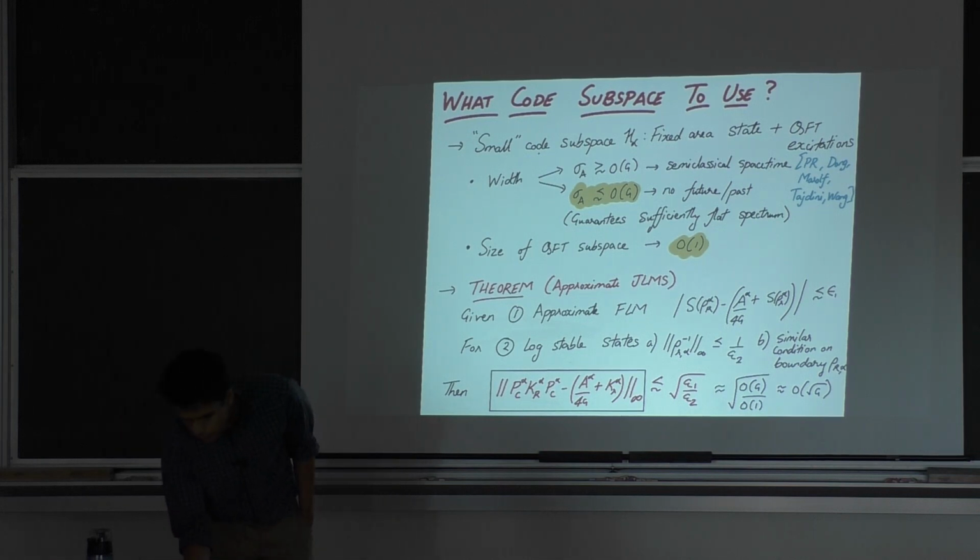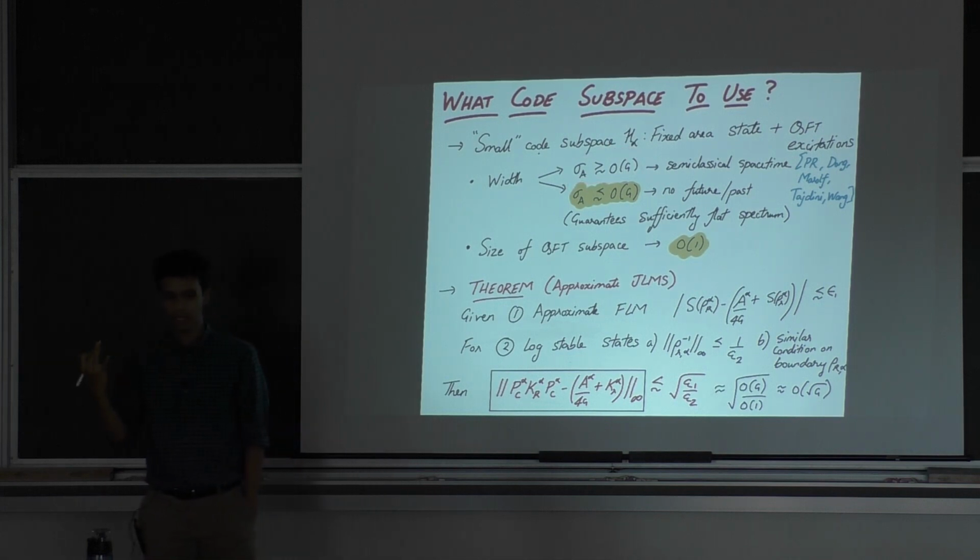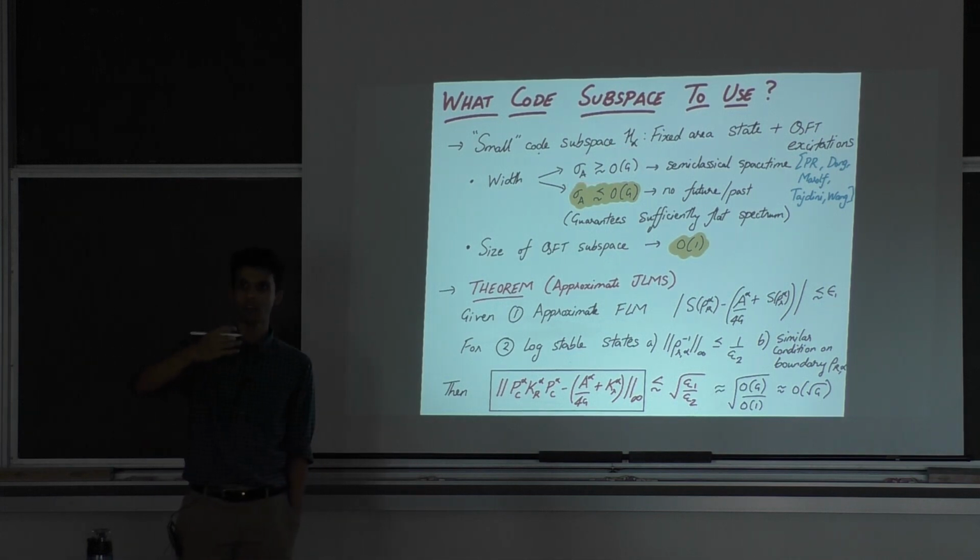If you allow it to be parametrically larger than order G, then you do have a semi-classical spacetime, a nice Lorentzian spacetime everywhere, which some examples were shown in this paper. But for the purposes of this talk, we'll need the area to be parametrically smaller than order G.